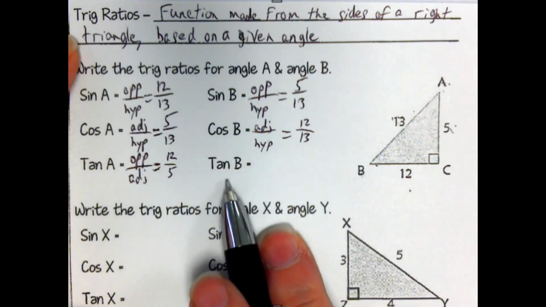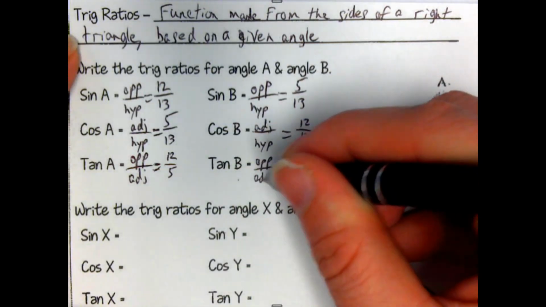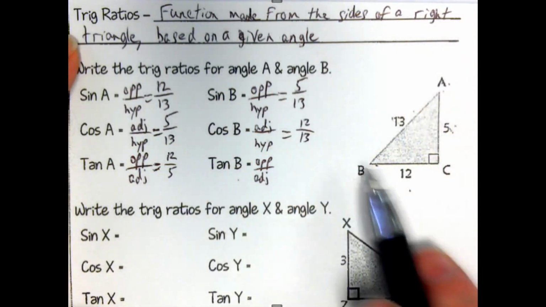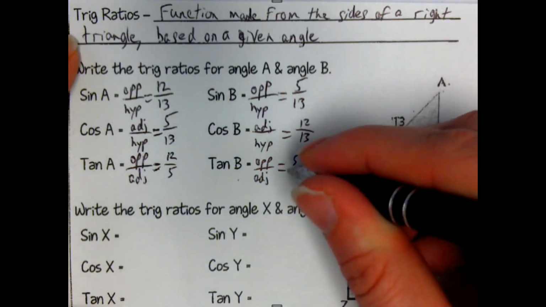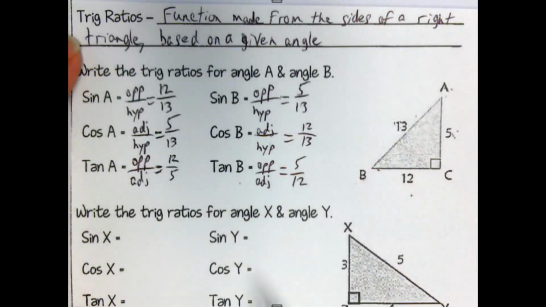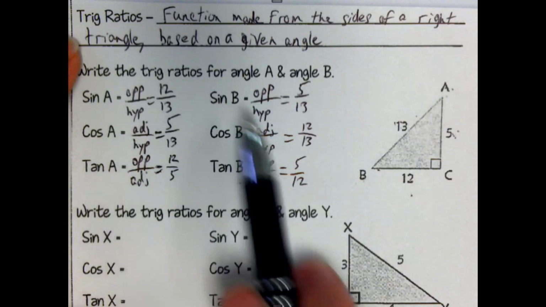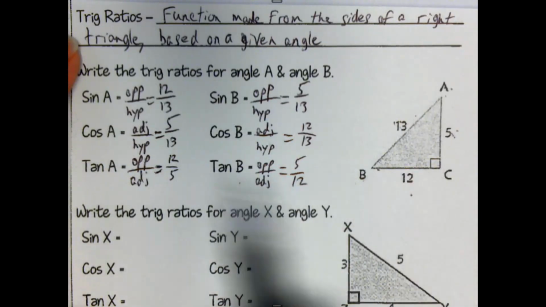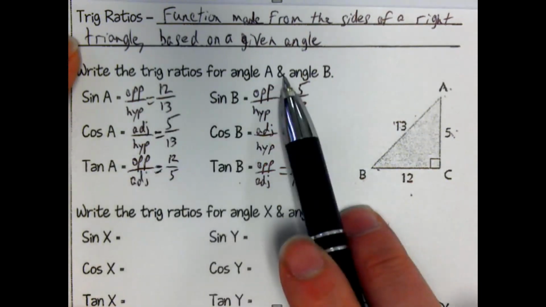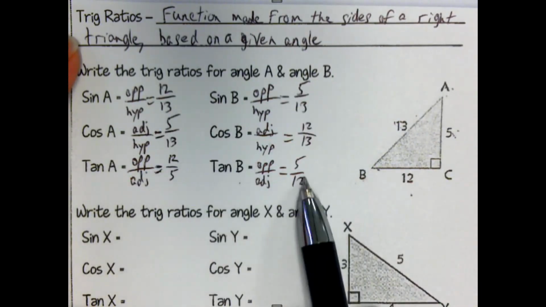And tangent is still opposite over adjacent, but for B, that would be 5 over 12. So notice that the sine of one angle of the triangle is the same as the cosine of the other angle of the triangle when we're not talking about the right angle. And the cosine of the one angle is the sine of the other angle. And then the tangents are inverses of each other, so they're just flipped upside down.